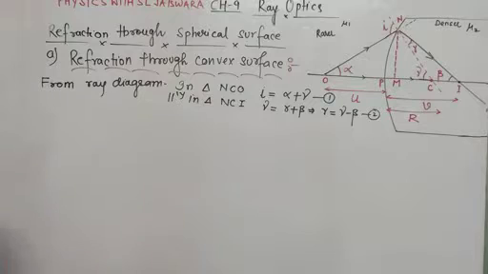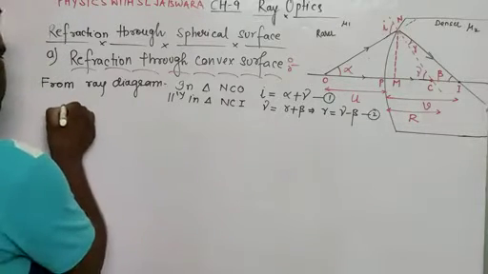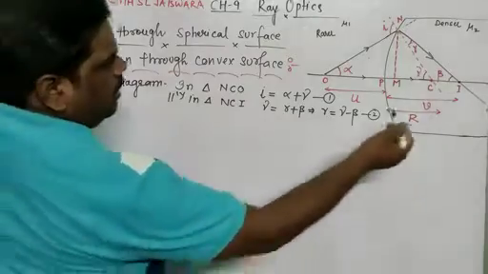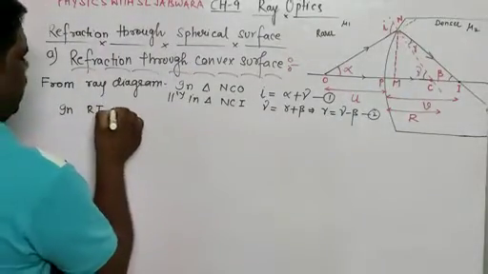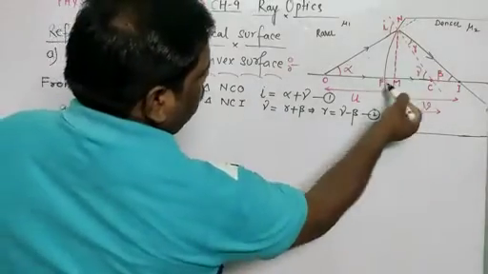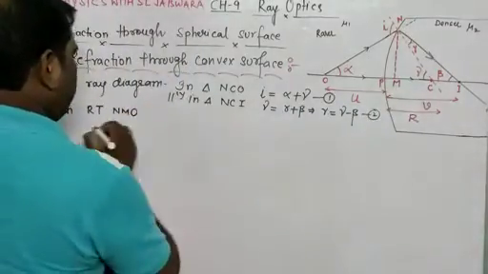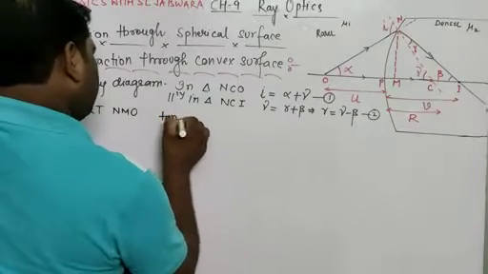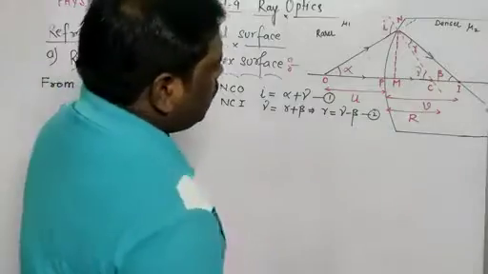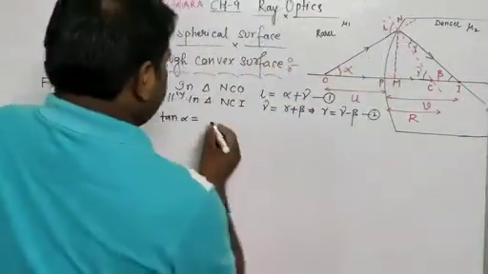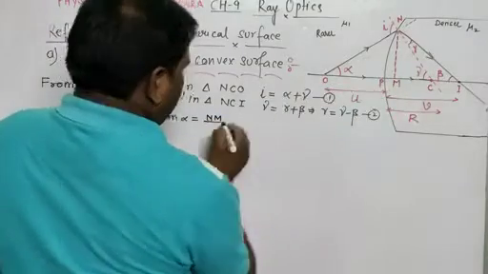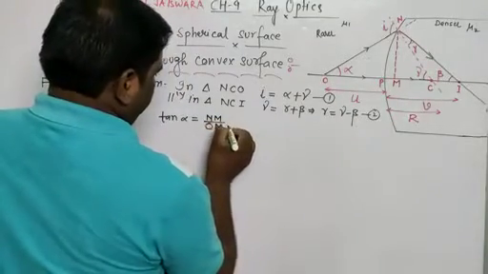Our next step will be, in a right triangle, we have to consider N, M, O. Let us apply tangent of alpha. Tangent of alpha will be equal to perpendicular upon base, that is NM upon OM.